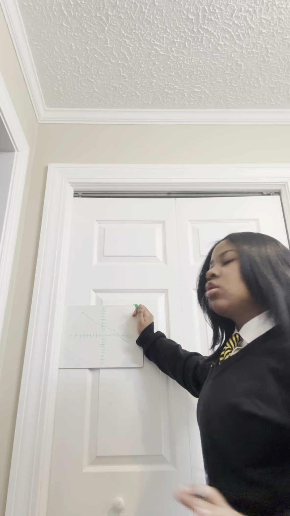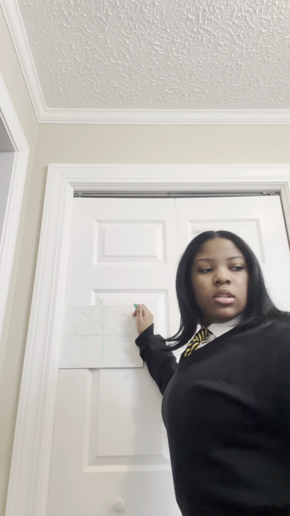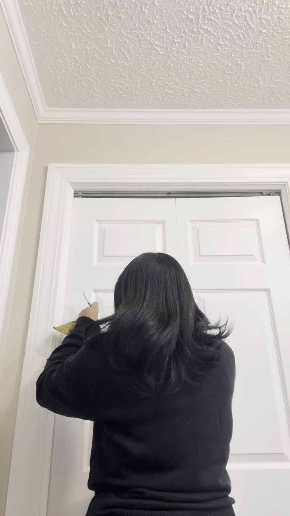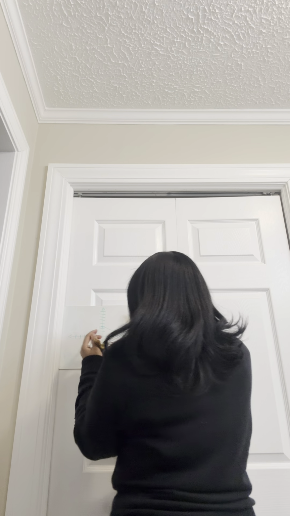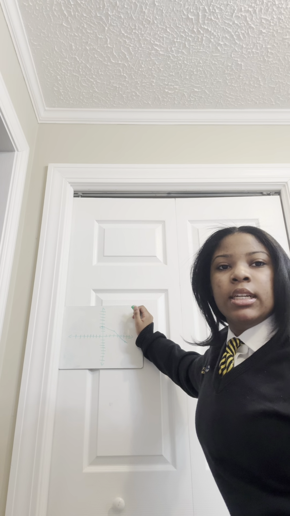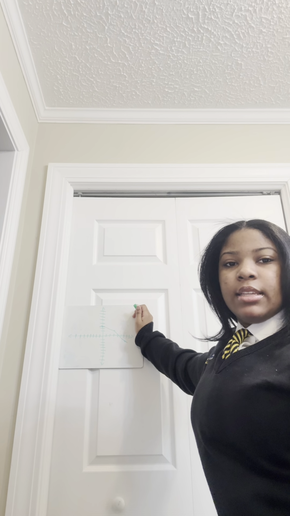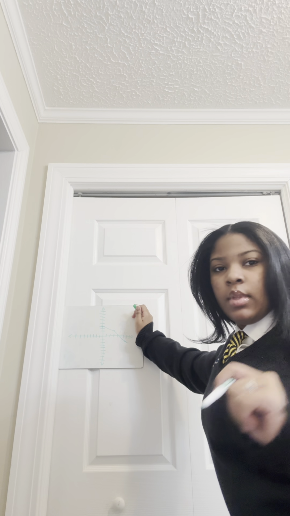So what I'm going to do is erase all of them except for that point right there, and it stays like that. And that has to be a dark circle because it is included.